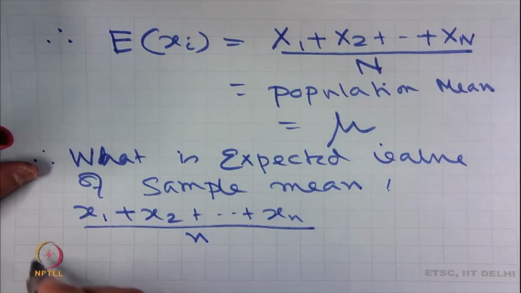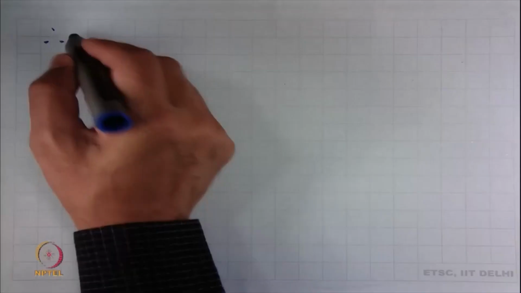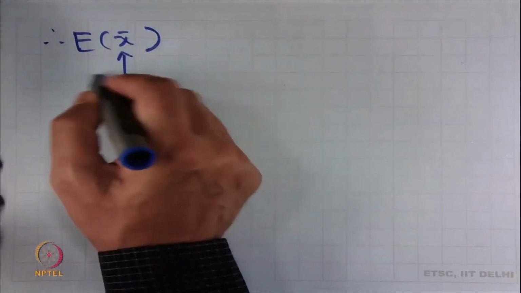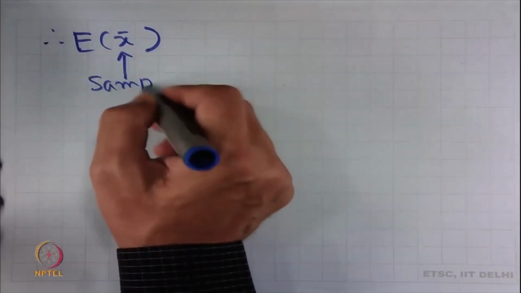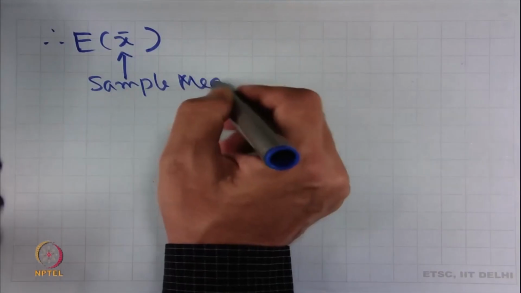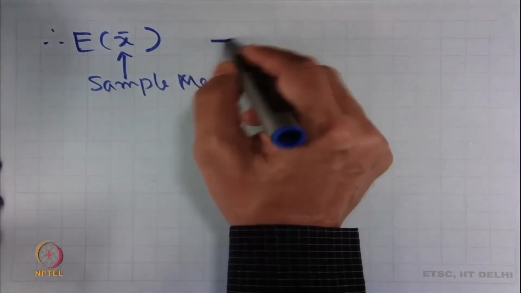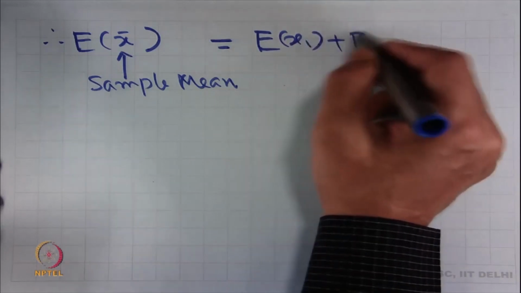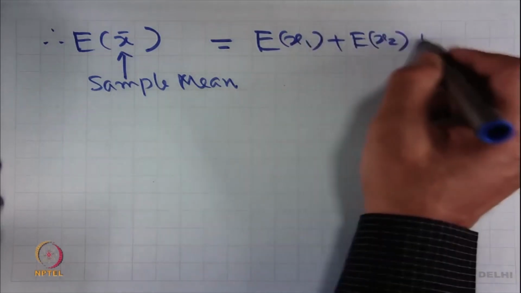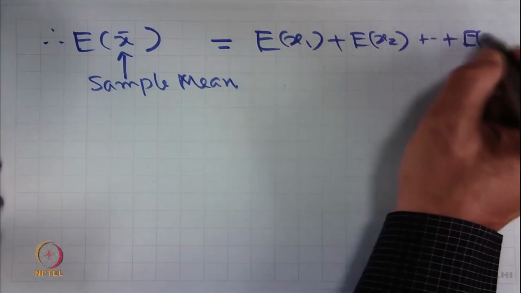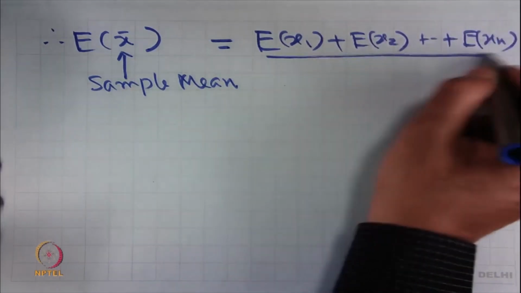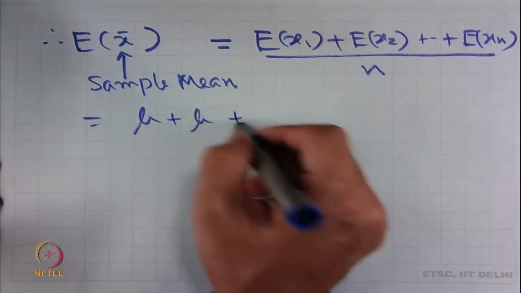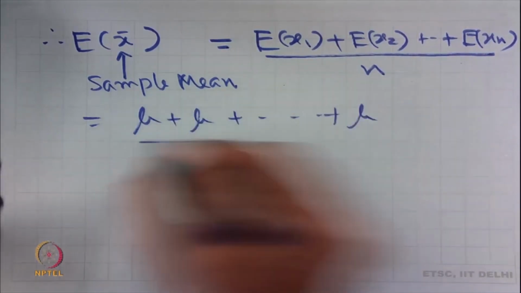Therefore, expected value of x bar, which is the sample mean, as I already said this is a random variable, is equal to expected value of x1 plus expected value of x2 plus expected value of xn divided by n, is equal to mu plus mu plus mu.